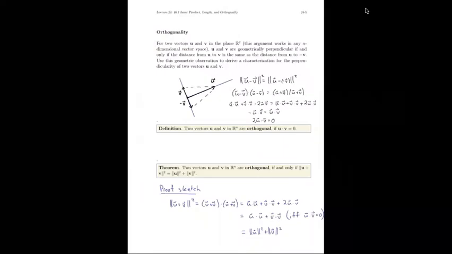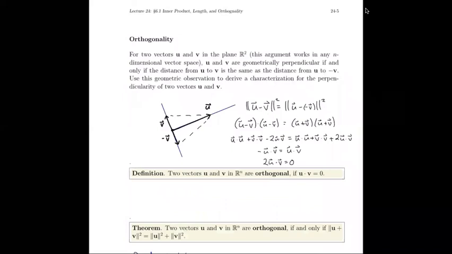Now, we can use the idea of length to get at the idea of orthogonality. Orthogonality is really perpendicularity. For two vectors u and v, and really if we think of any two vectors, we can think about the plane that those two vectors live in, right? They form a plane together.